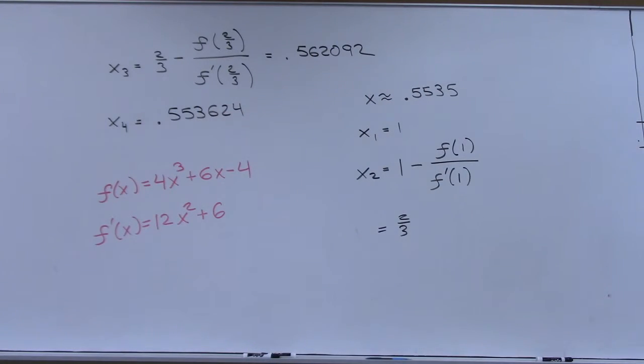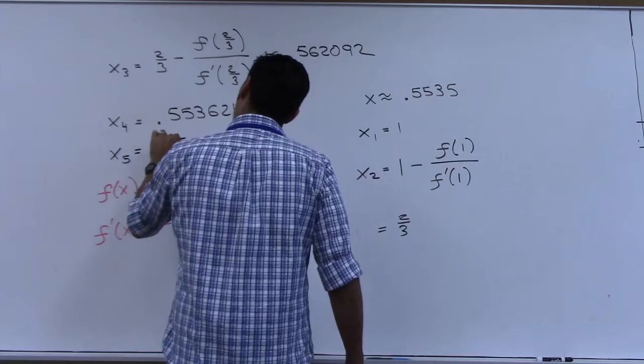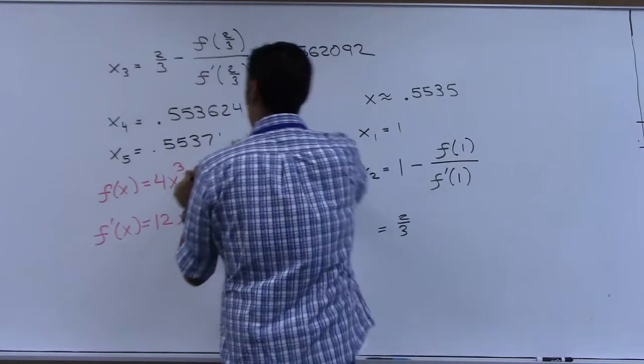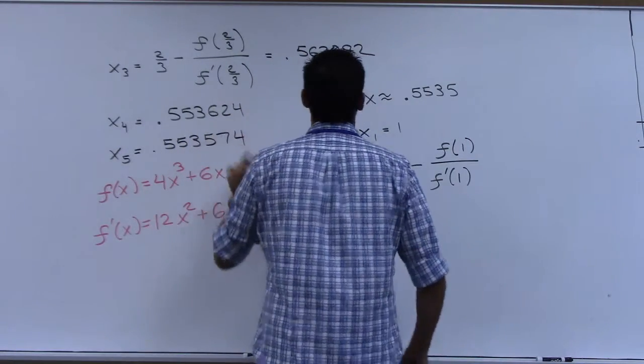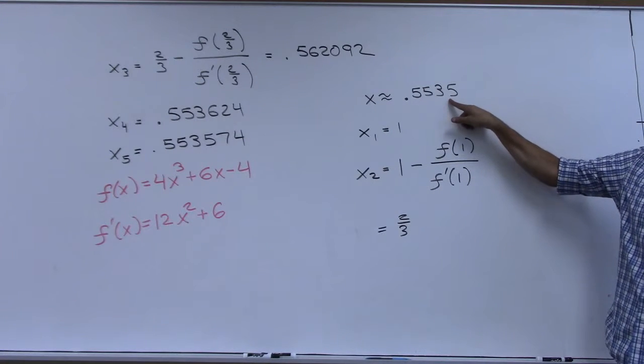Percentage minus f of percentage divided by g of percentage. 0.553574. What was the answer that I gave you in class? Oh, 0.5535. We're there. Close enough, right?